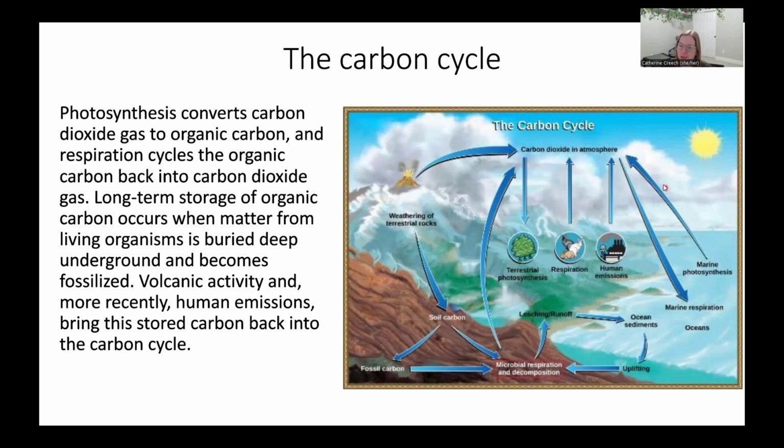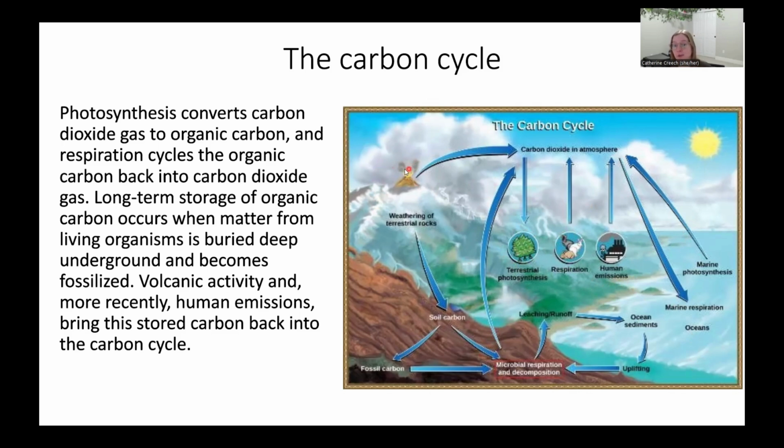Either way, we're going to relay carbon from our oceans to the air. How do we get it into our air and into our oceans? Well, everything that does cellular respiration is going to release carbon dioxide. Organisms that do photosynthesis are going to pull it out of the air, and then humans' emissions are going to release it into the air. We also have a ton of microbes releasing it into the air, and we get it from volcanic activity.